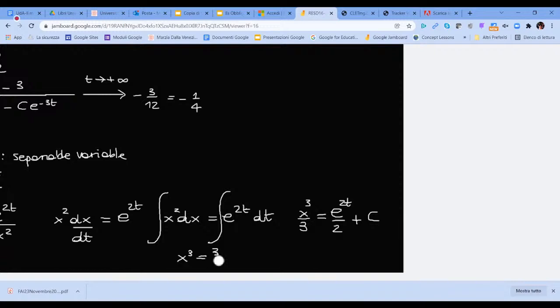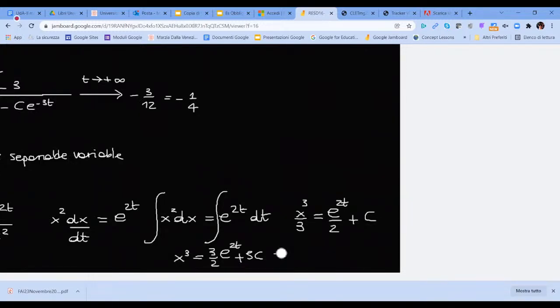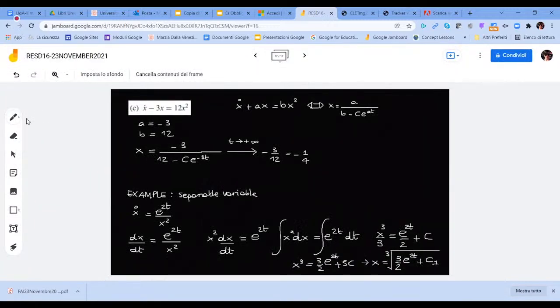So 3 half e to the 2t plus t plus 3c, and then you can take the cube root, the third root of this expression on the right hand side, and you can give another name to the constant c and call it a or c1 or c2, and rewrite something that is a constant that depends on the boundary values, and then you have your solution x.